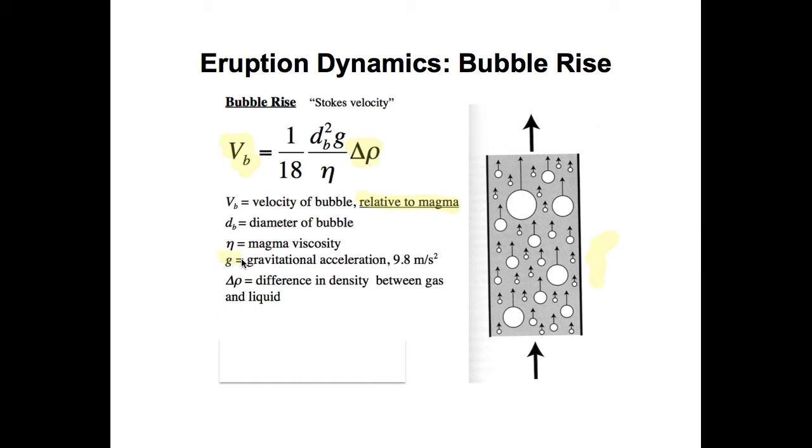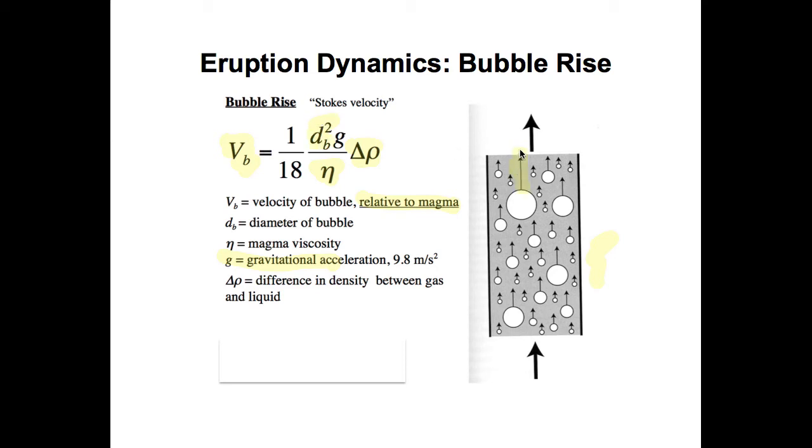g is the gravitational acceleration. Eta is the viscosity of the fluid, so that's in the denominator. The higher the viscosity, the slower the bubbles will rise, the harder the time they have rising up through the fluid. And interestingly, the velocity depends on the diameter of the bubble squared. So big bubbles rise more quickly.